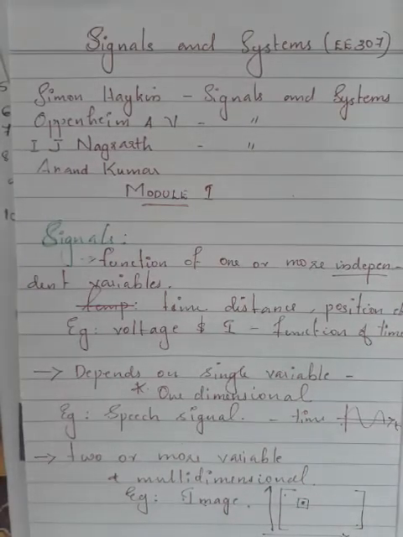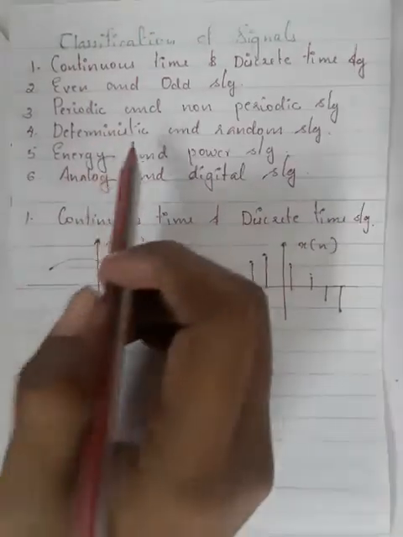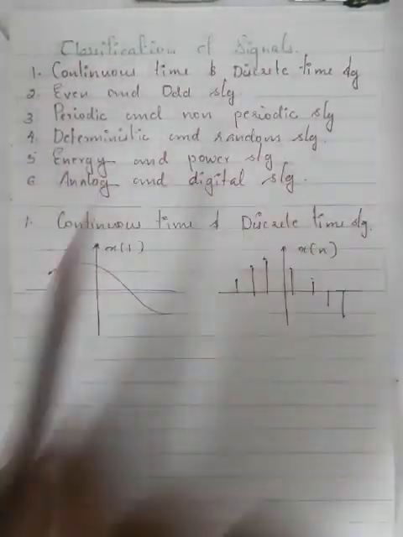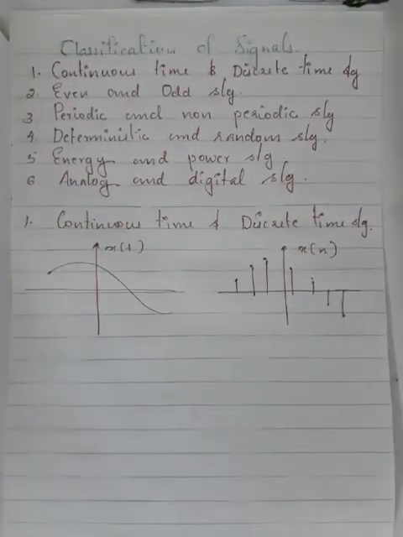These are about what is a signal. So a signal is an entity which consists of information, and we can represent it like a function which depends on some independent variable, and based on the number of independent variables we can say whether it is one-dimensional or multi-dimensional. So the next topic is classification of signals. Based on different parameters or conditions, signals can be classified into different categories.